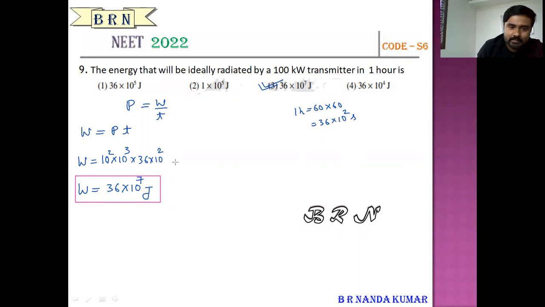Watt second is joule. The right answer is 36 into 10 power 7 joule, option 3.